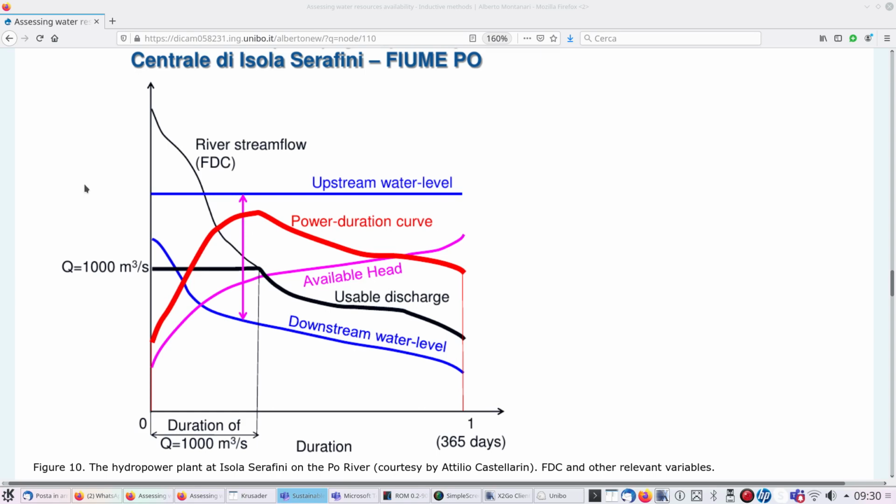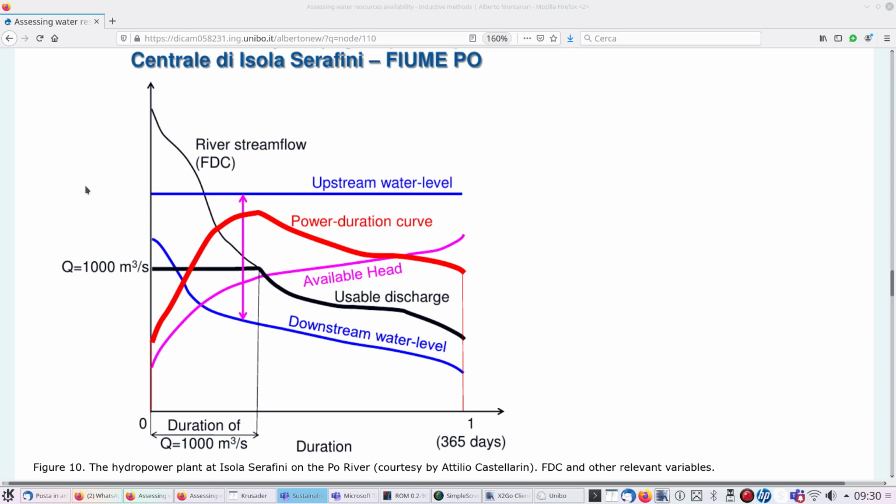What is the available head, Matteo asks. Available head is the head in a hydropower plant. It's defined as the difference in elevation between the upstream level of water and the downstream level. So if you put a turbine to produce hydropower, the turbine takes water from upstream and releases water downstream.